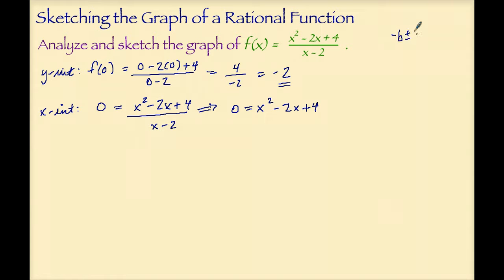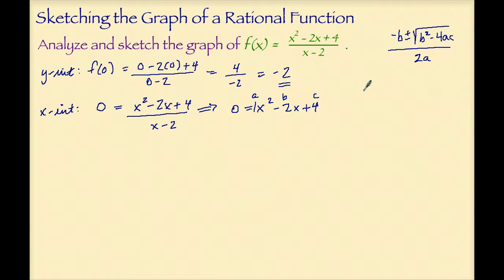Negative b plus or minus the square root of b squared minus 4ac all over 2a. Hopefully you've memorized this, or perhaps you know a song that has similar lyrics to this. And in this problem, our a is 1, our b is negative 2, and our c is 4.